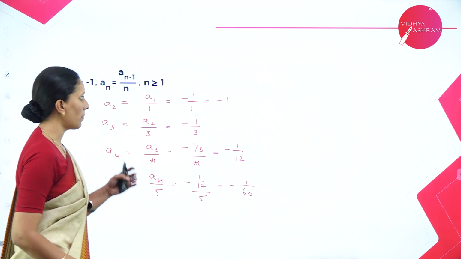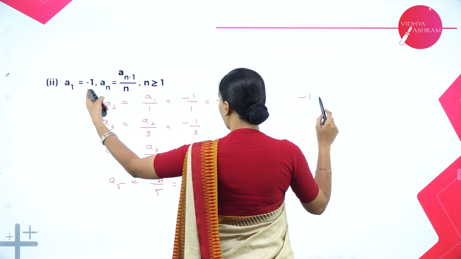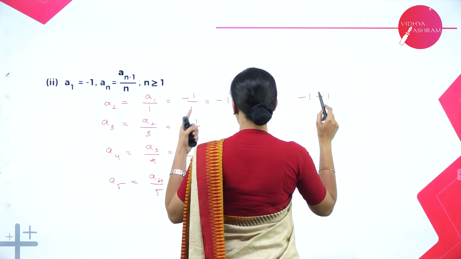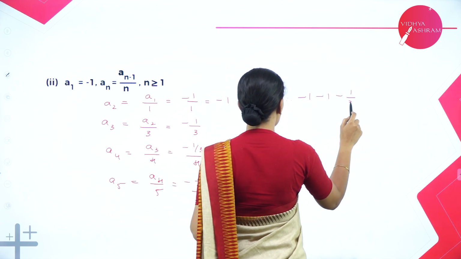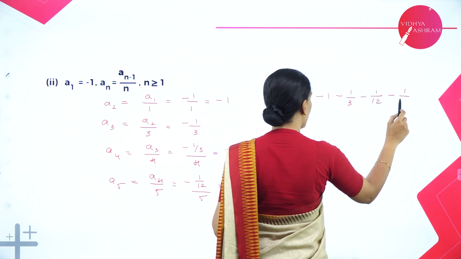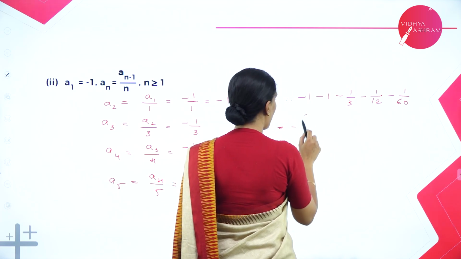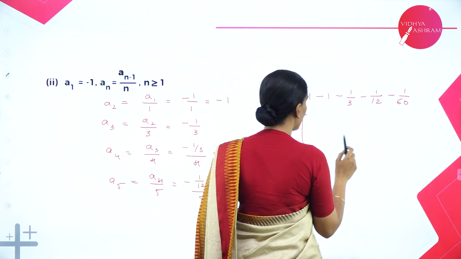Now we need to take the sum of all these numbers. A1 is minus 1. A2 is also minus 1. A3 is minus 1 by 3. A4 is minus 1 by 12 and A5 is minus 1 by 60. So taking the LCM and taking minus outside, we'll get 60 here.